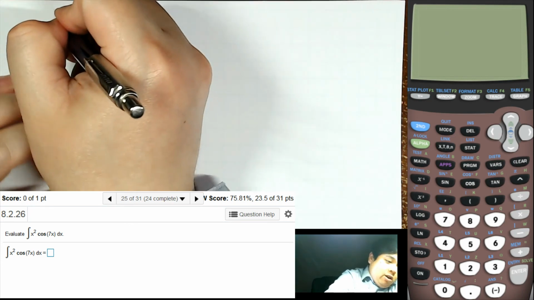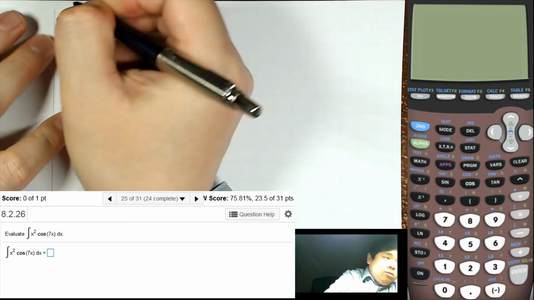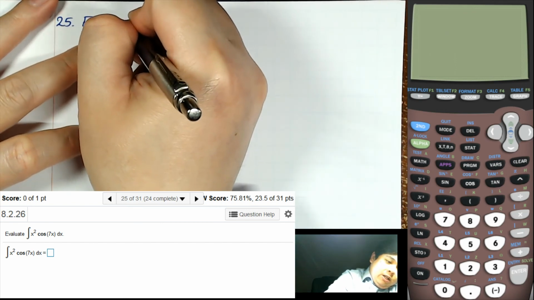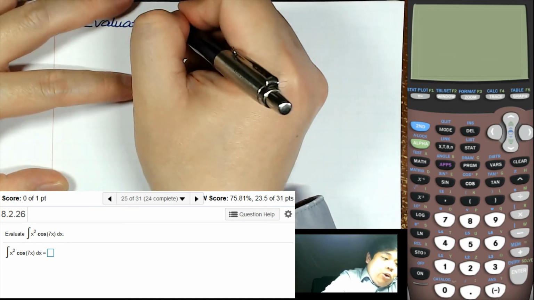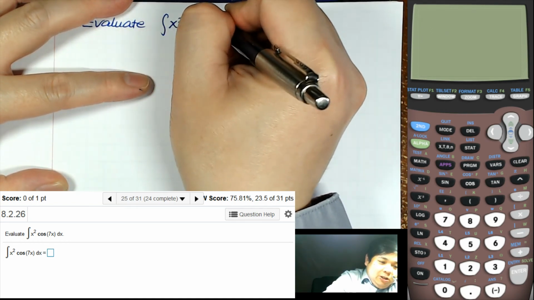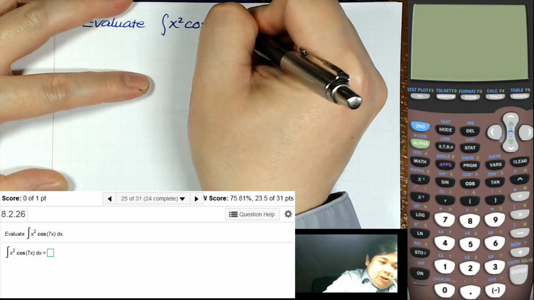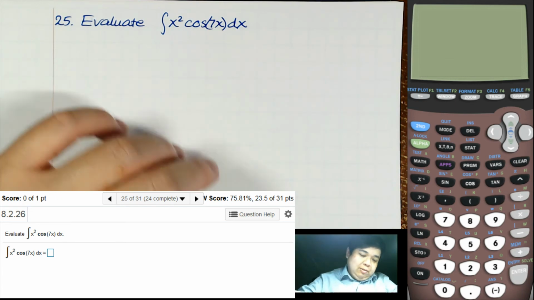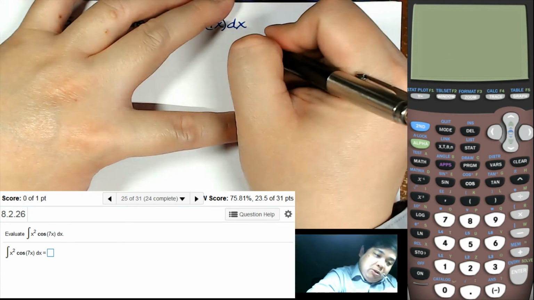Oh, this is 25. Evaluate. This is also integration by parts, and I prefer to use the table.